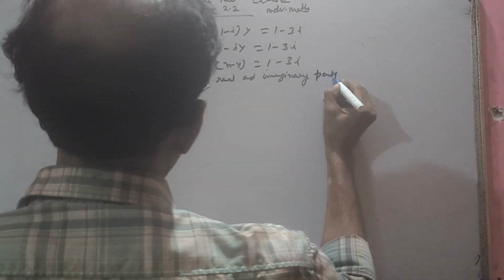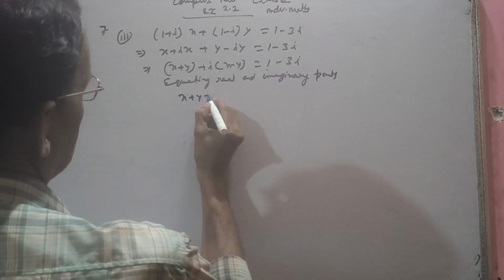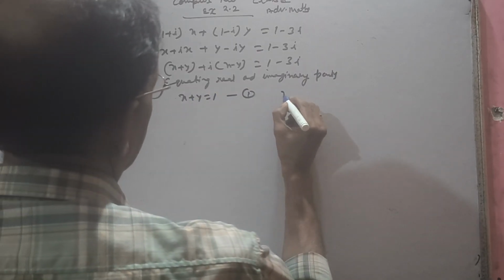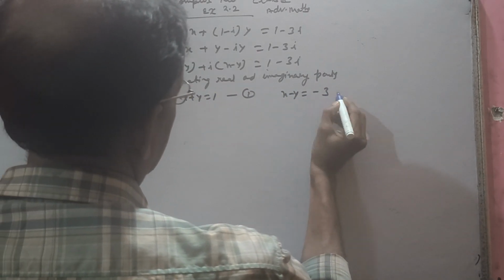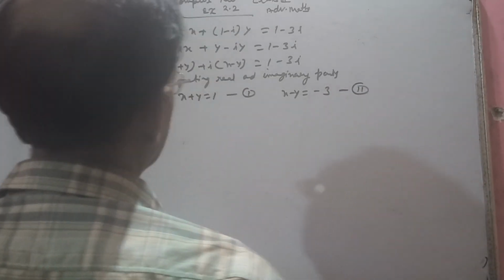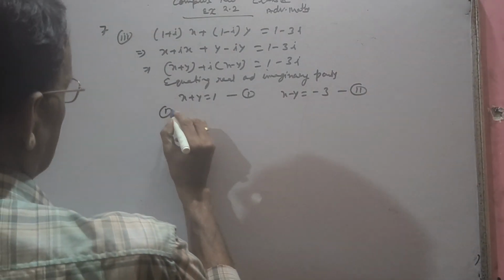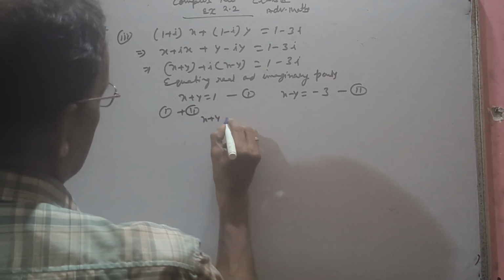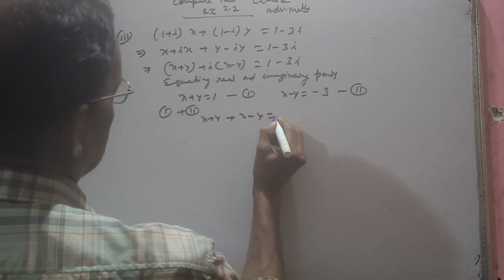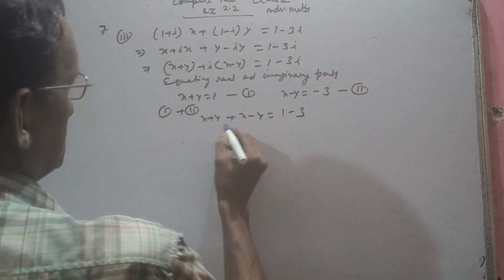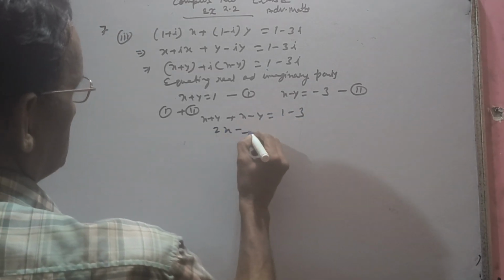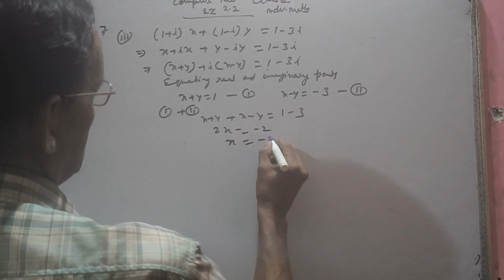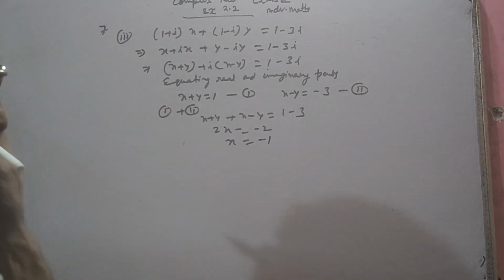How much will you get? x plus y equal to 1, let it be equation 1. Here x minus y equal to minus 3, let it be equation 2. Then you will add 1 and 2: x plus y plus x minus y equal to 1 minus 3. So y cancels, twice x equal to minus 2, x equal to minus 1.